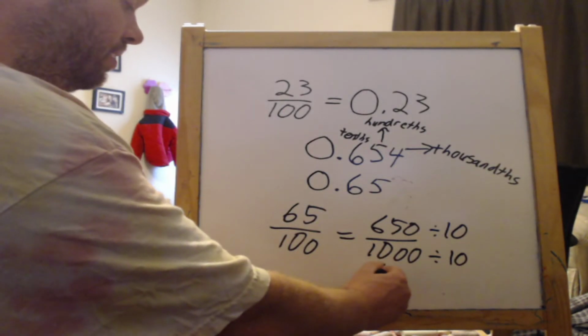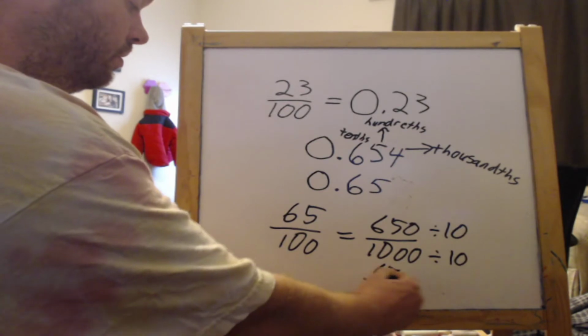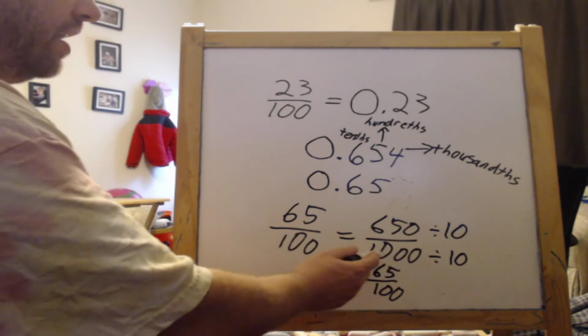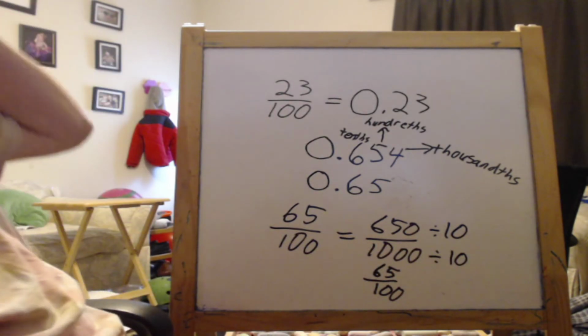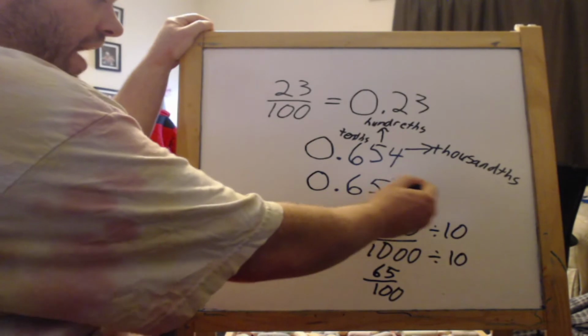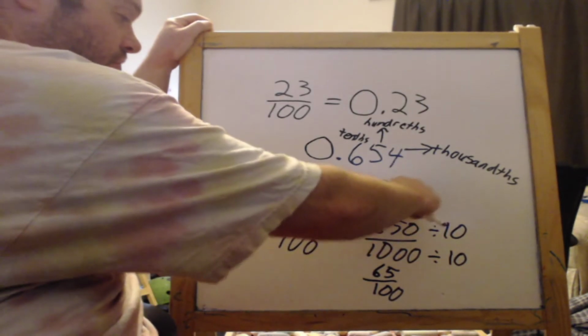It would be 65 hundredths, right? 650 divided by 10 is 65. 1,000 divided by 10 is 100. So I could add zeros here, but it doesn't change the value.